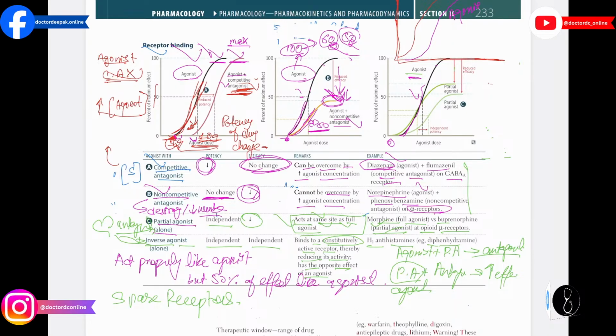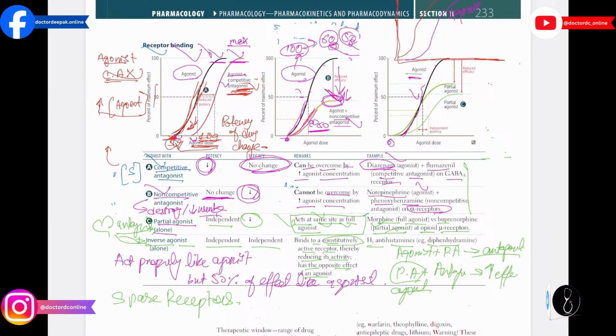But if I give the agonist with a high dose of non-competitive antagonist, I am getting less effect; the efficacy will be decreased.